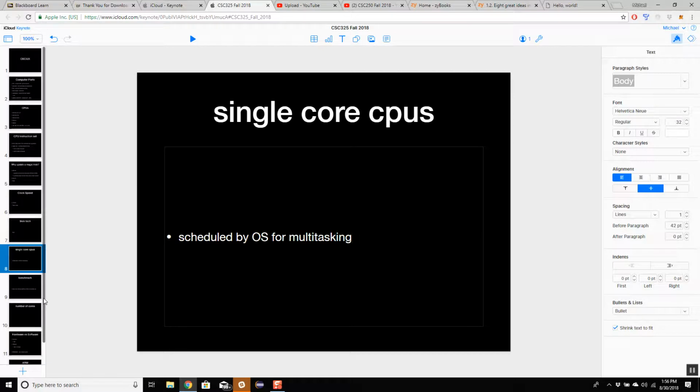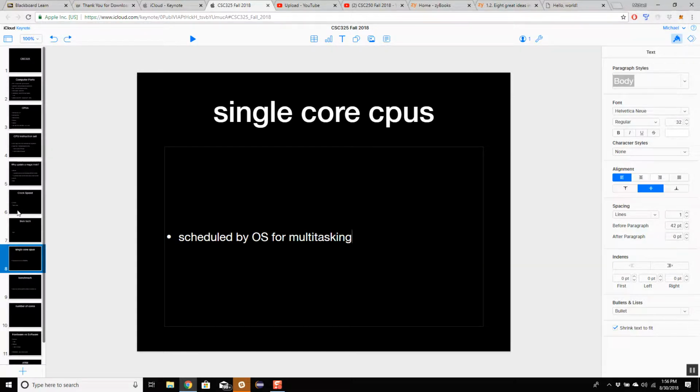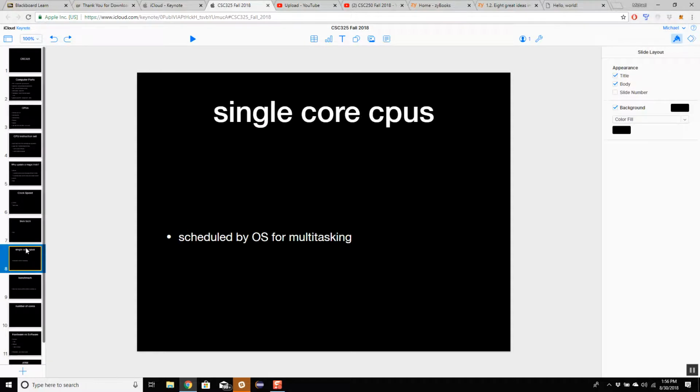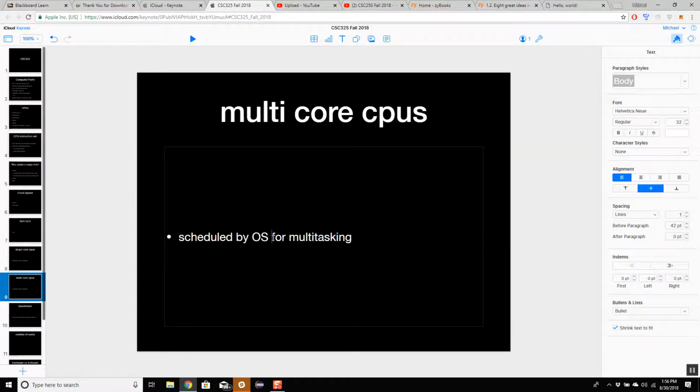Multi-core CPUs scheduled by OS at a higher complexity for multitasking.